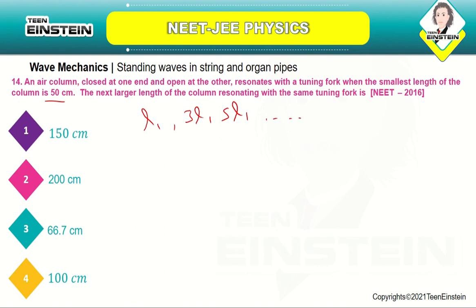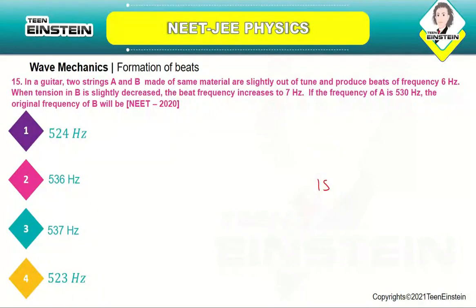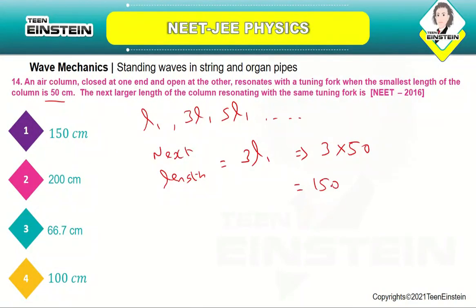So the next length is 3L1. This is 3 into 50, so it will become 150 centimeters. So the correct answer is option number 1. Okay, so that's what happens in a closed pipe: odd harmonics are observed.